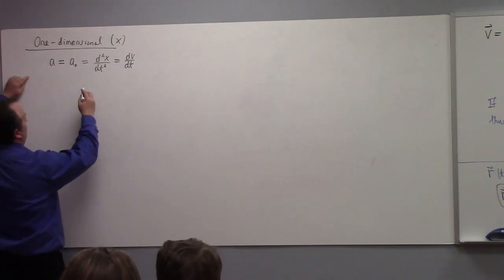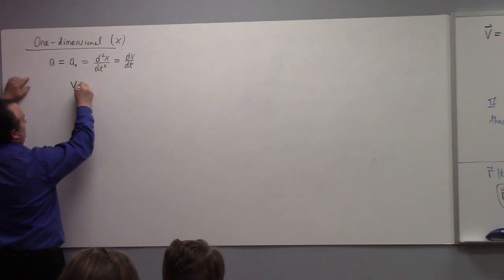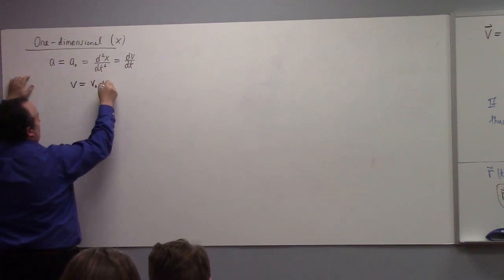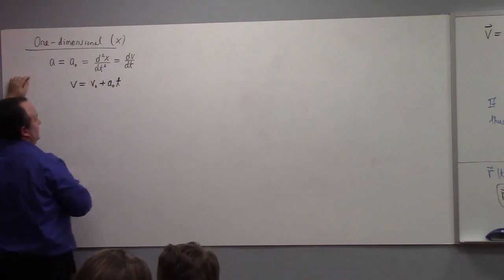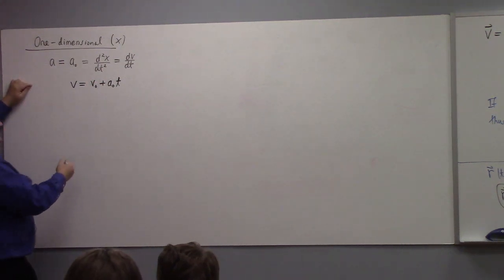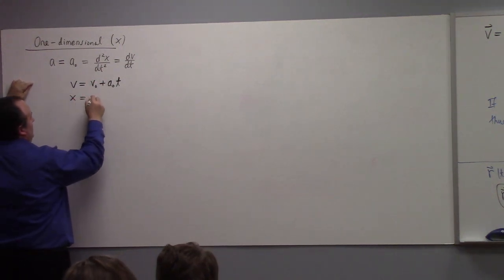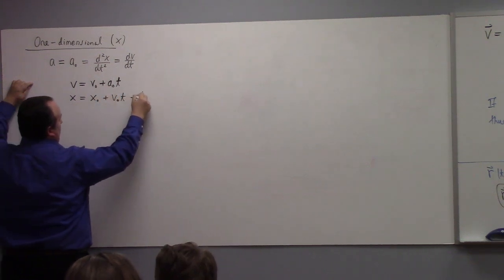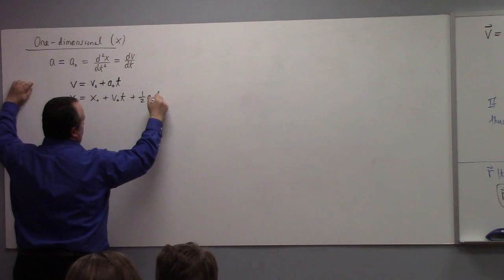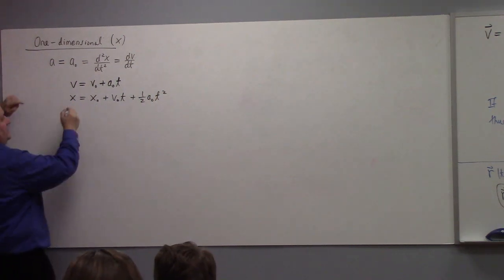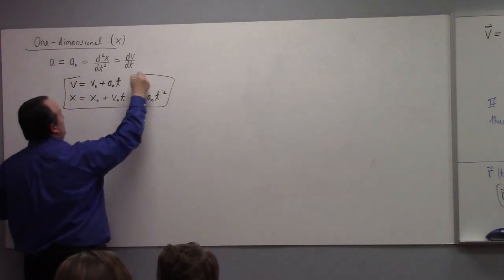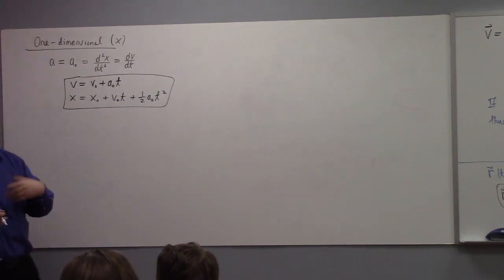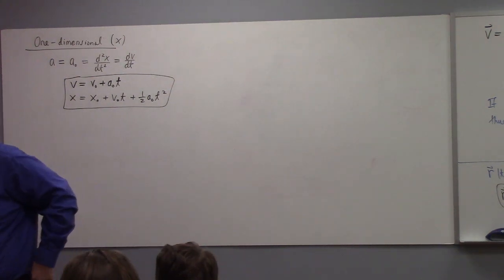We find that the velocity is equal to v naught plus a naught times t, right? And then if we integrate again, we find that the position is equal to the initial position plus v naught t plus 1/2 a naught t squared, right? So these are the famed constant acceleration formulas. All right?